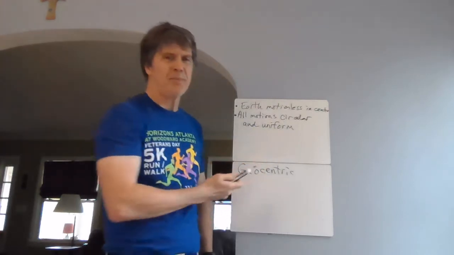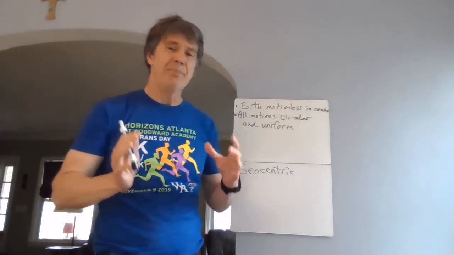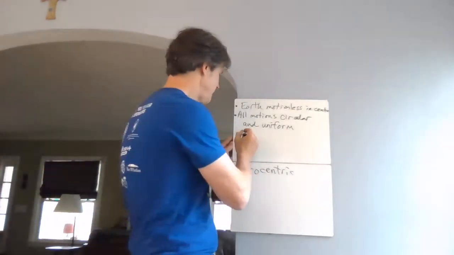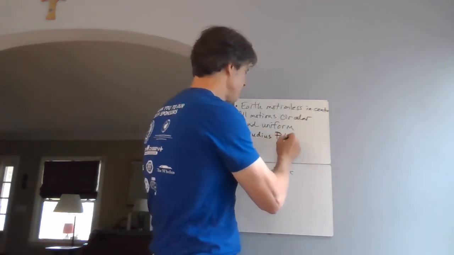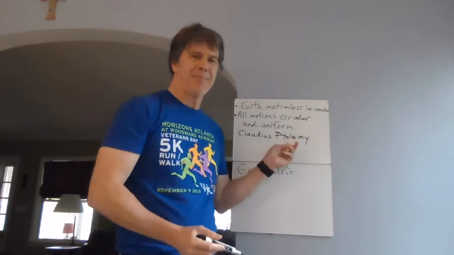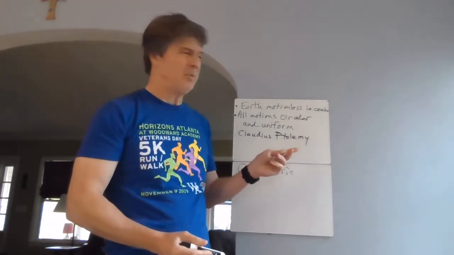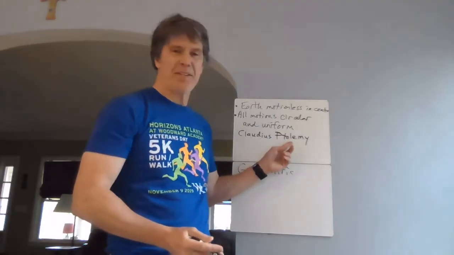Different thinkers played with this for about 500 years, and it all came together in the person of somebody named Claudius Ptolemy. Okay, kind of hard to classify what he was, what culture. The Ptolemies were Greeks, Macedonians.